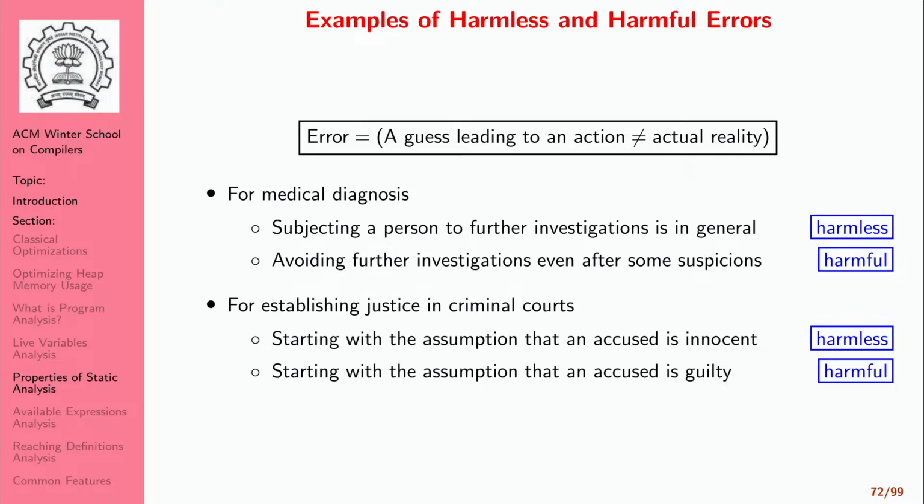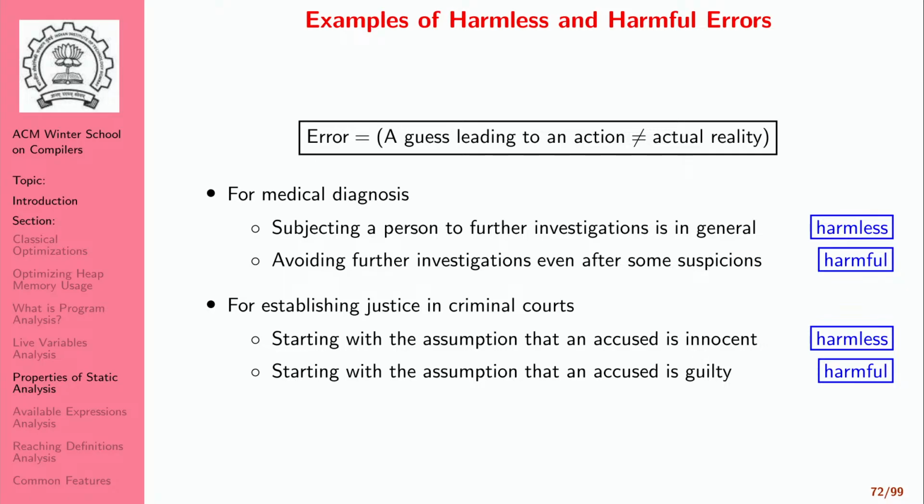So these are some intuitive examples of harmless and harmful errors. For example, you're talking about medical diagnosis. If you subject a person to further investigations, it is in general harmless. It may be an error, but in general it is harmless unless the diagnosis itself requires you to take something that is harmful to the body. So you have a suspicion and the doctor says, okay, go and do your x-ray and we'll rule it out.